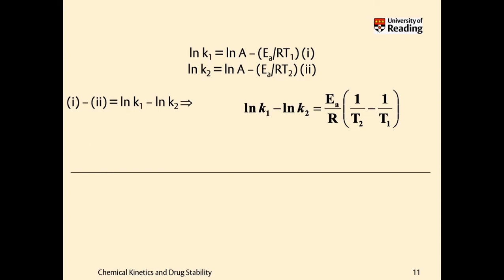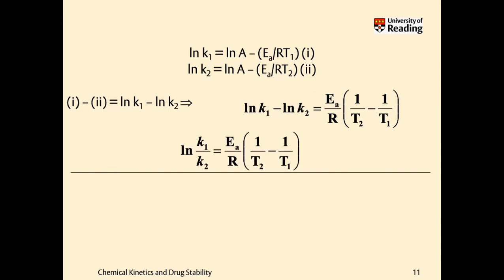So we have 2 equations, and if you take those 2 equations away from each other, so log of K1 minus natural log of K2, and then you equal the right hand of the top equation minus the right hand of the bottom equation and rearrange it, you will get this equation here.